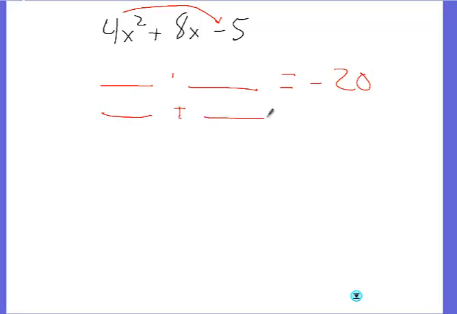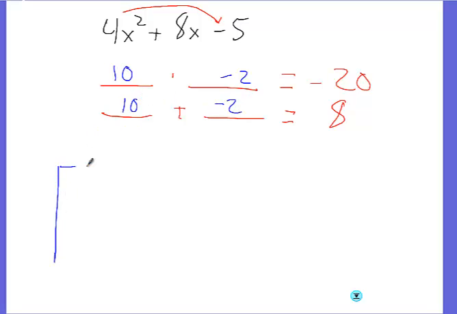Then those same two numbers must add to a positive 8. All right. So if we look, we're going to get positive 10, negative 2.